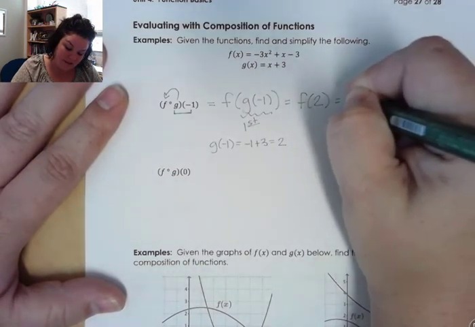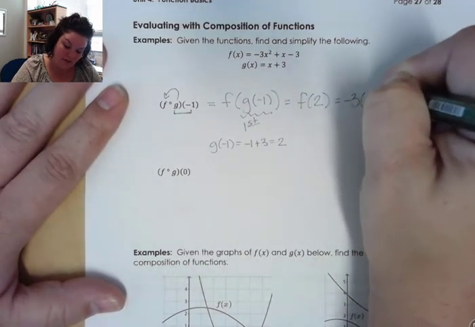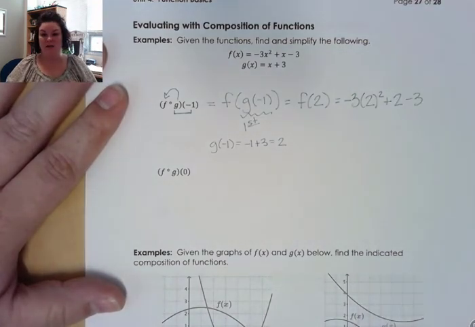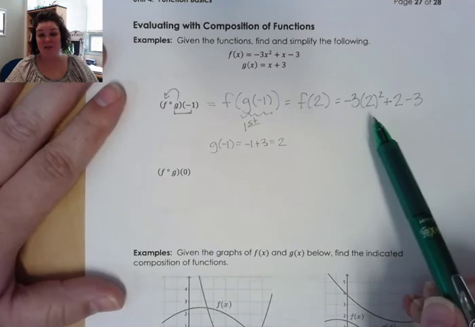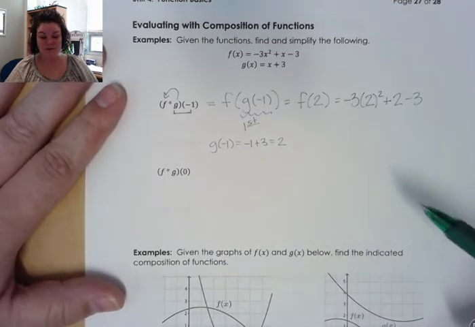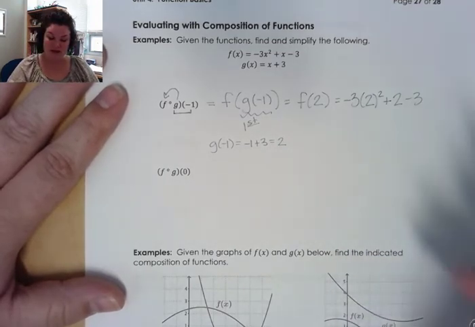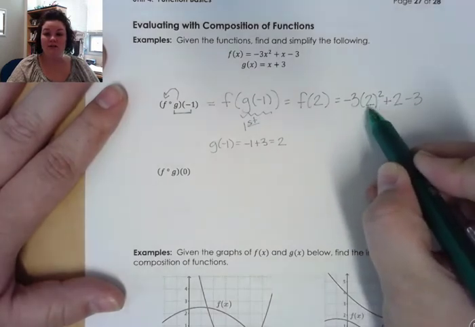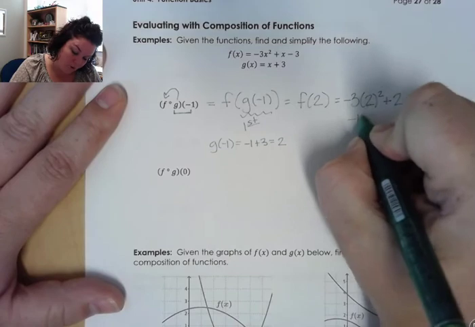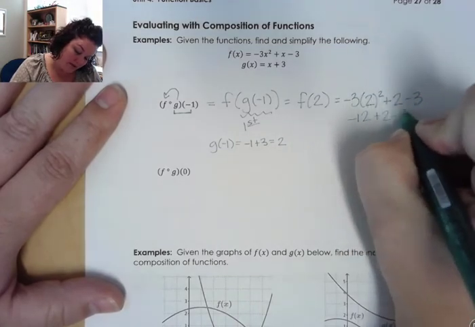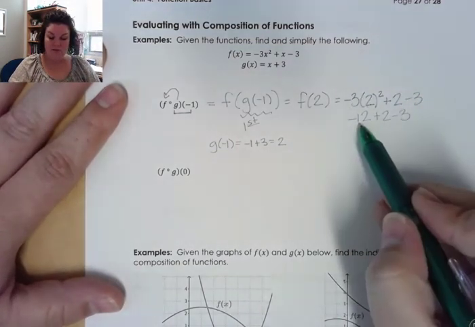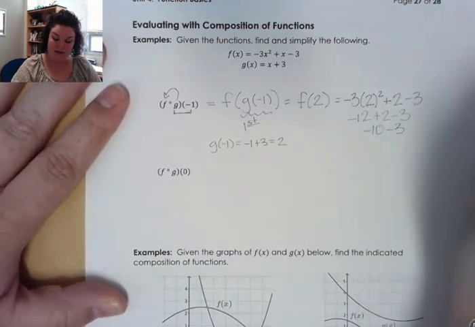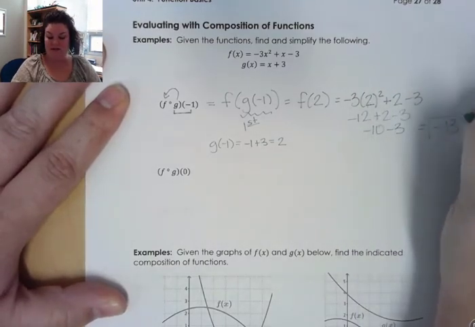My f function says to do -3 times my input squared plus my input minus 3. So everywhere I say input, I'm putting in 2. Then I just need to simplify this. I do my exponent first, so 2 squared is 4 times -3 is -12, plus 2 minus 3. So -12 plus 2 is -10, minus 3 gives me -13.